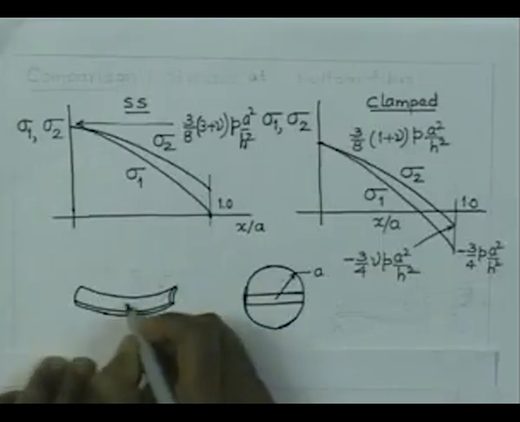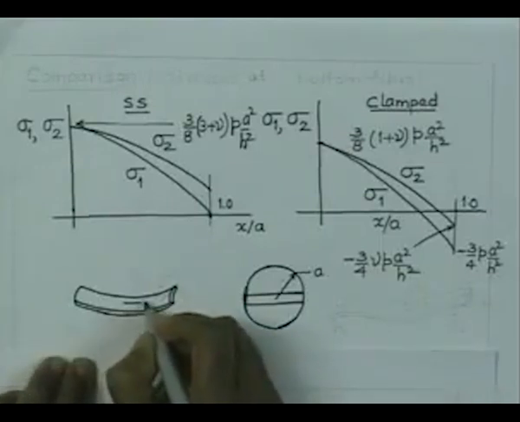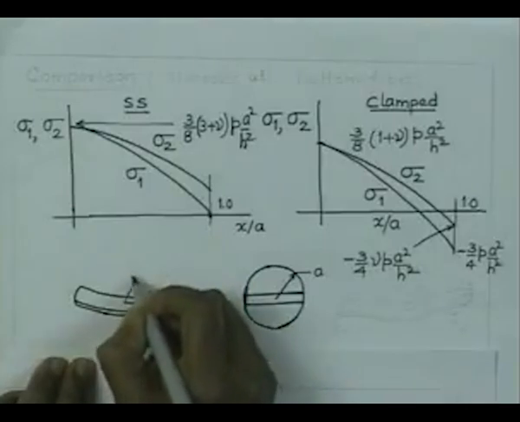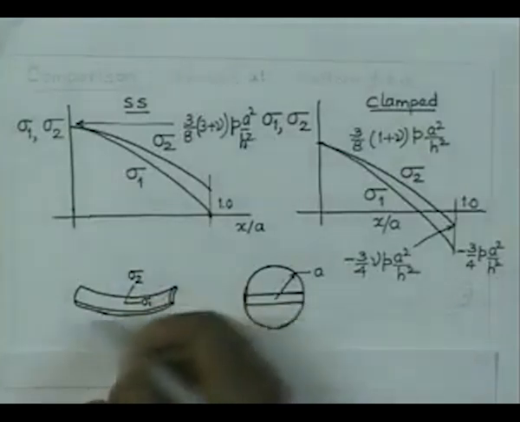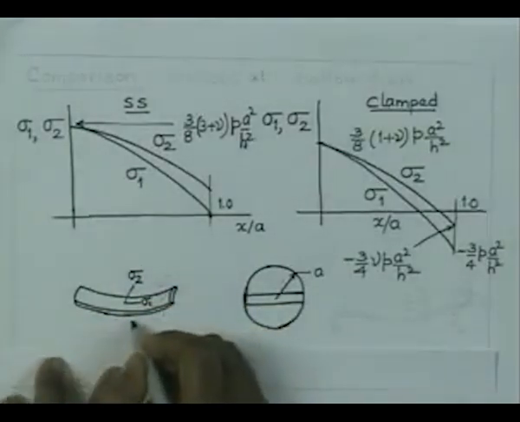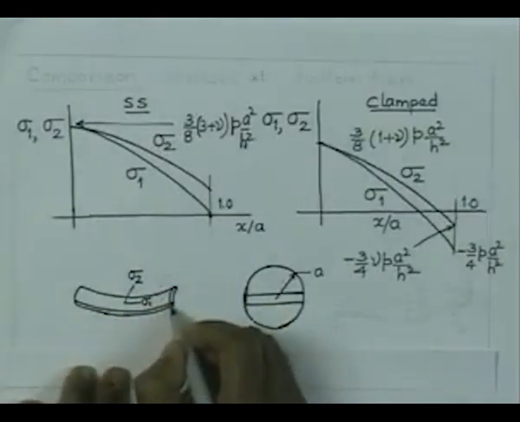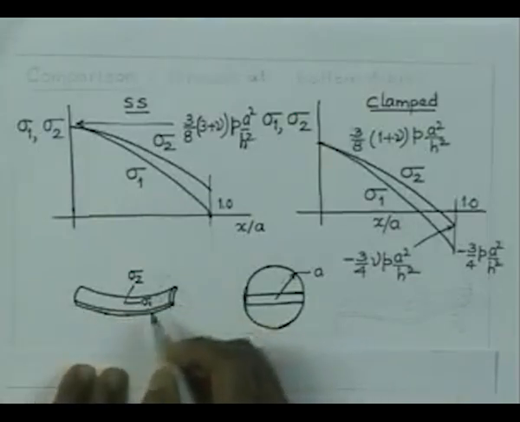This is the direction of stress sigma 1 and this direction corresponds to sigma 2. Since the plate is bending like this, we would expect tensile stresses to develop all along, and that is what is here.